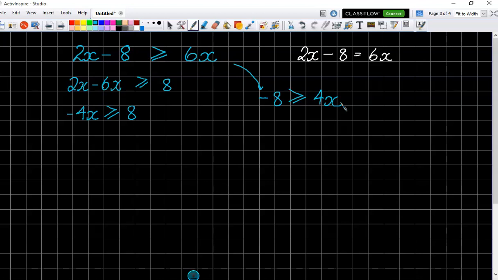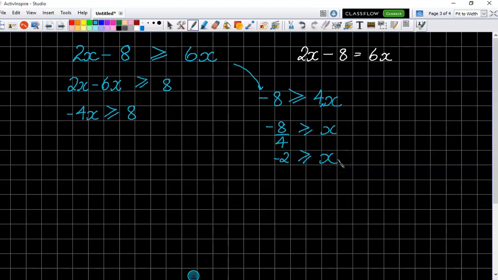Anyway, it's okay. We'll keep going. So, with this one, if I wanted to get x by itself, how do I get rid of the times 4? Divide 4, so it's negative 8 divided by 4 is greater than or equal to x. So we get minus 2 is greater than or equal to x.